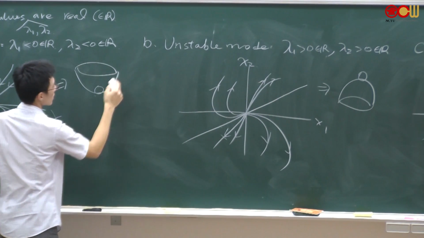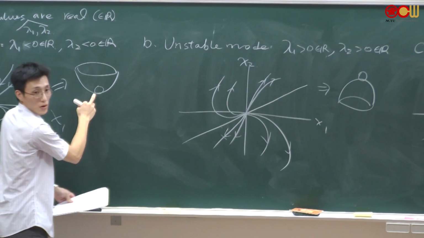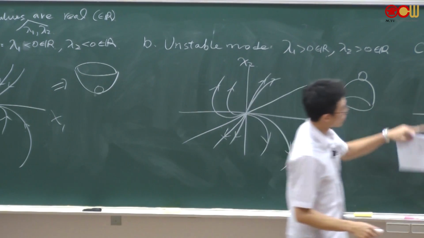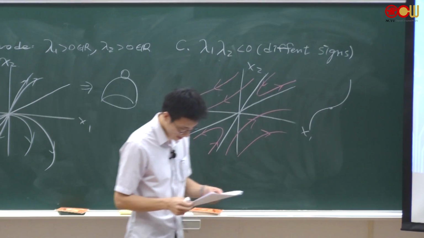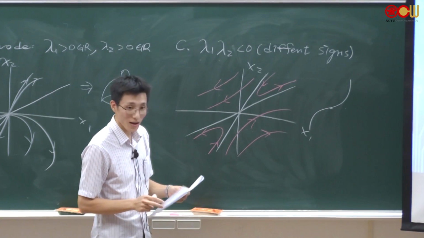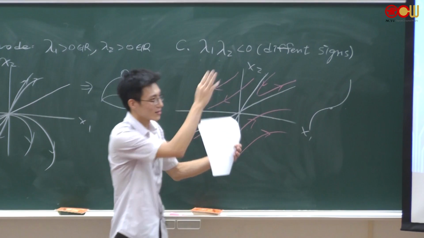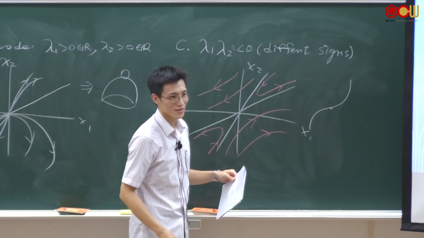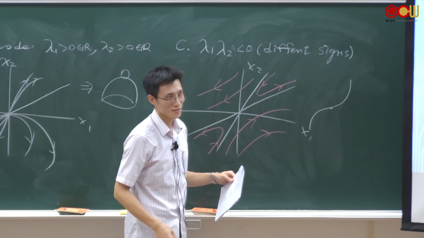It's 2D, so it's like a ball. Staying at the bottom is stable. Staying at the top is unstable. And this one, I will give you the picture online. It's kind of this, a saddle point.